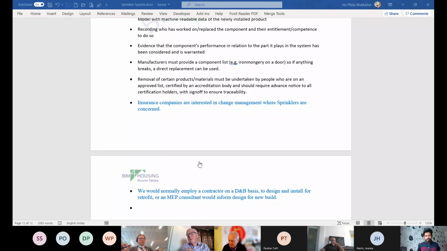So a lot of the subcontractors, like the sprinkler people, don't actually get appointed until stage 5. That's problematic, because the designers or architects who have been working up their detailed design then have to revisit it because of the sprinklers. So I think it's very apposite what Paul's saying there in terms of the workflow.